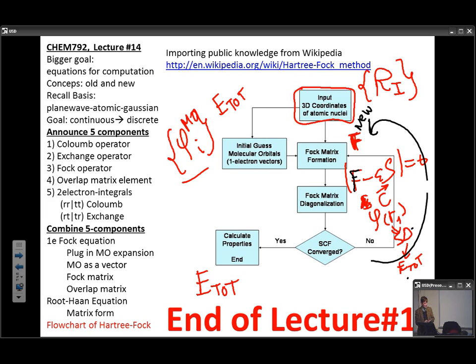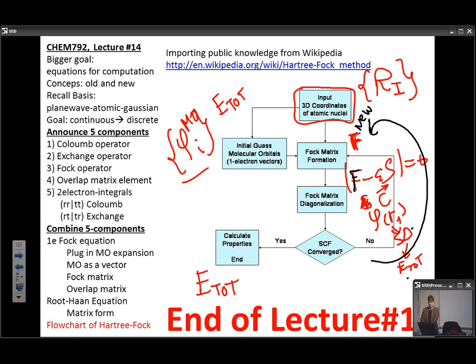Then one checks whether the present value of total energy and the previous one are getting closer and closer. If they are close enough, then one reports success. If they're not close enough, one uses the newly computed molecular orbitals as an input to build the Fock matrix again. This Fock matrix does depend on what we use as molecular orbitals. So this is the price to solve the multi-electron wave function.